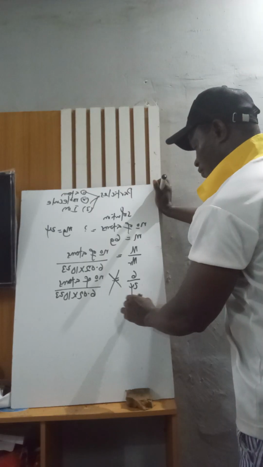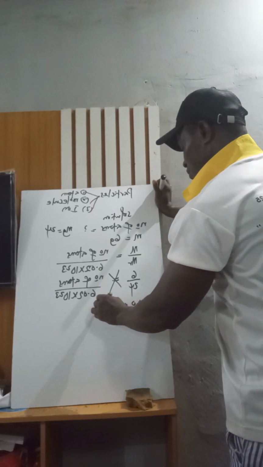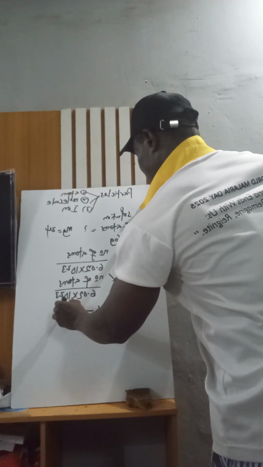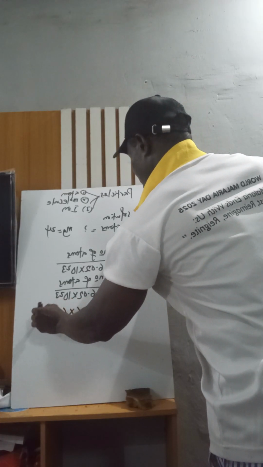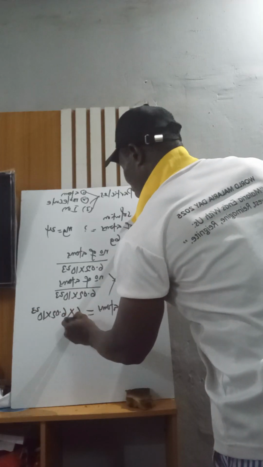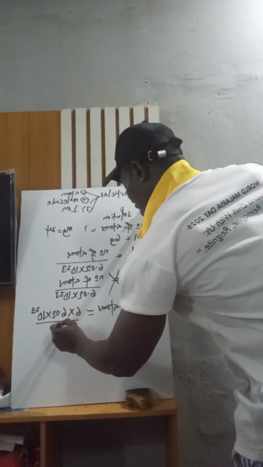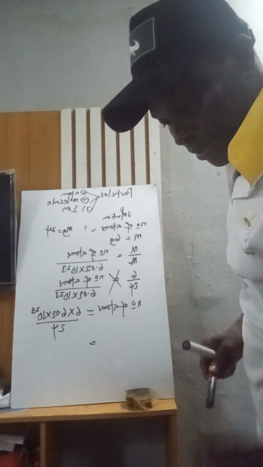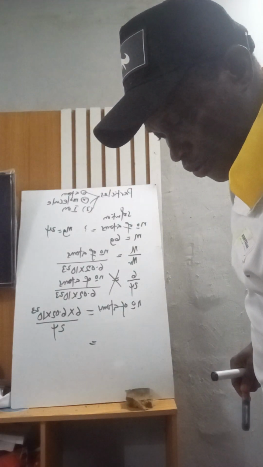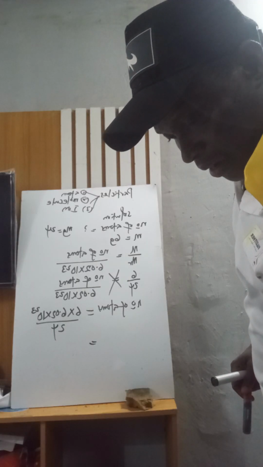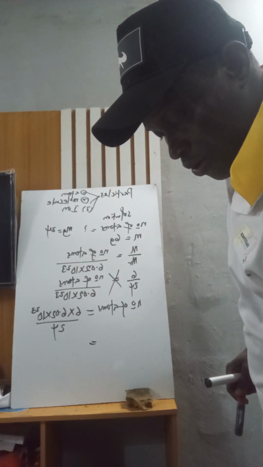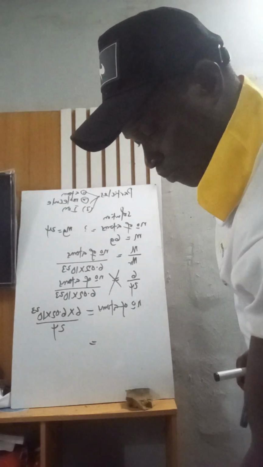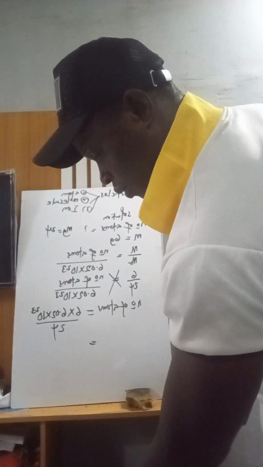So number of atoms equals 6 times 6.02 times 10 raised to the power of 23 divided by 24. If you do that math, that should give you something like 1.505 times 10 raised to the power of 23 atoms.